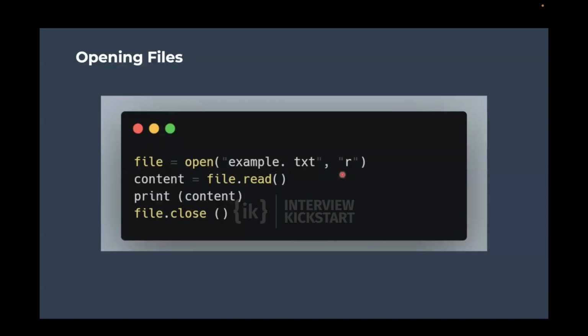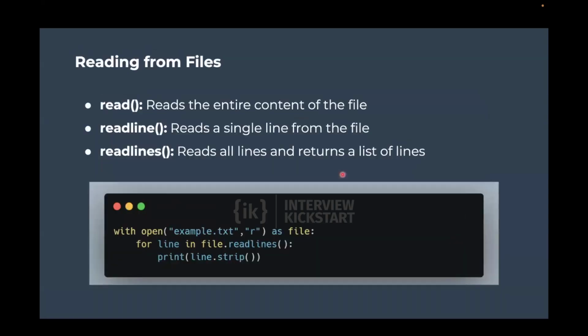But just to make sure that you don't forget that, we have another syntax that uses the with keyword, where you use with open as file, and then inside this code block, whatever happens after that, this open file will be closed. Okay.